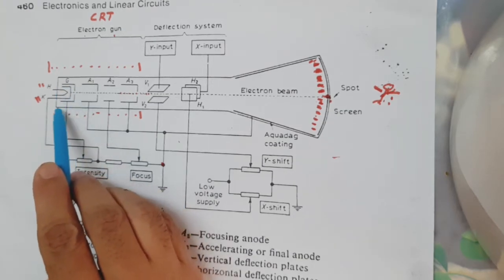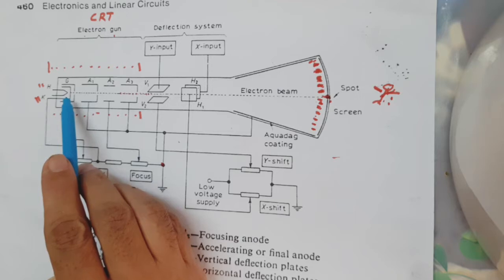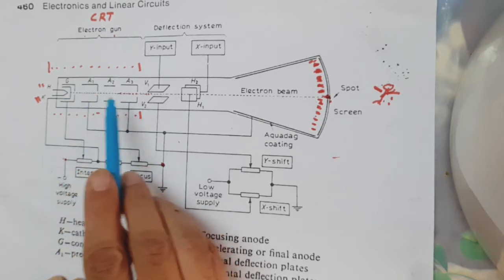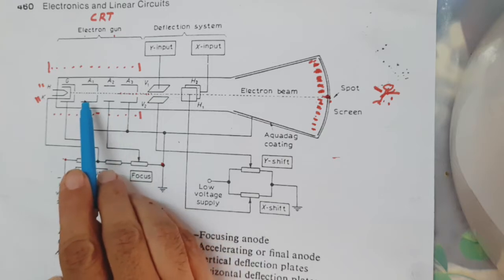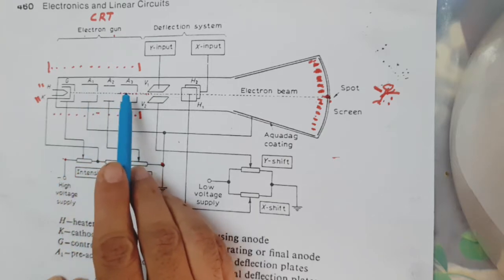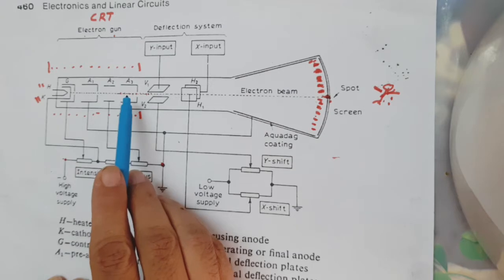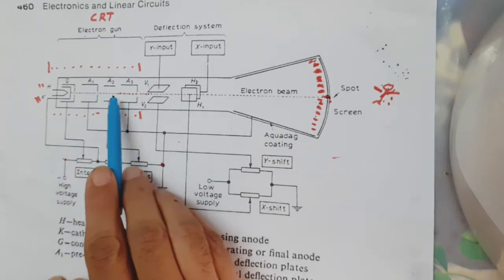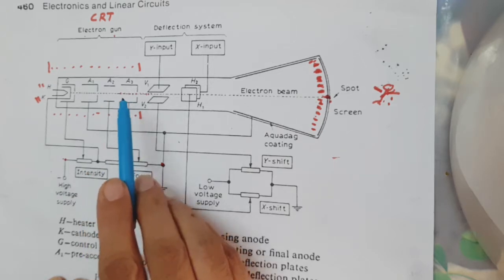This is the control grid. There is a hole through which this beam of electrons passes through the 1, 2 and 3 different electrodes.